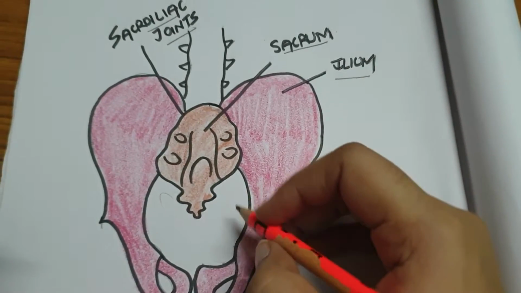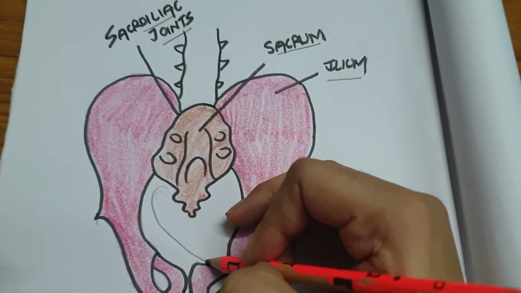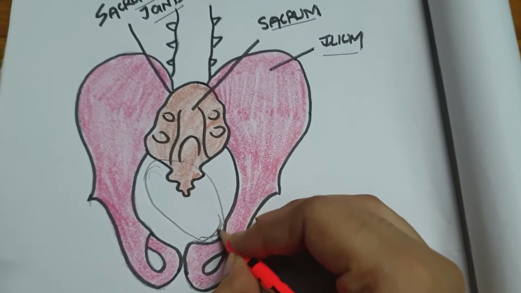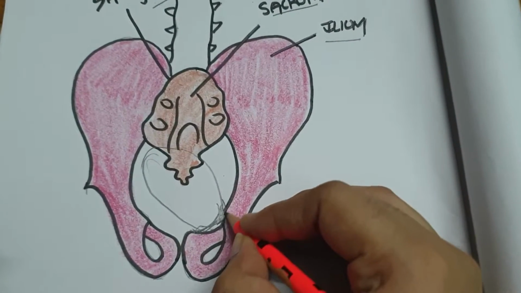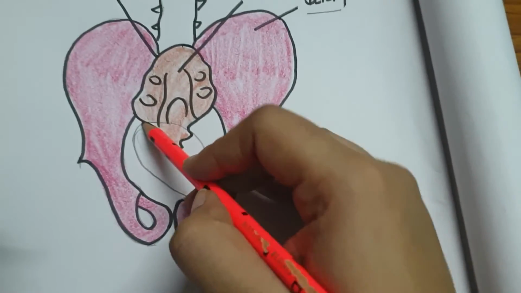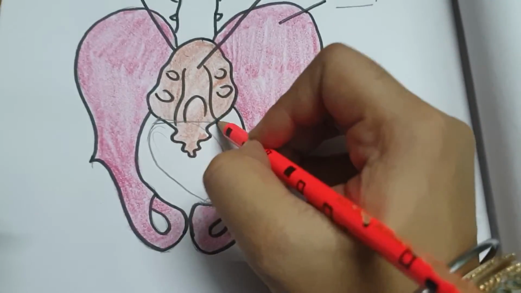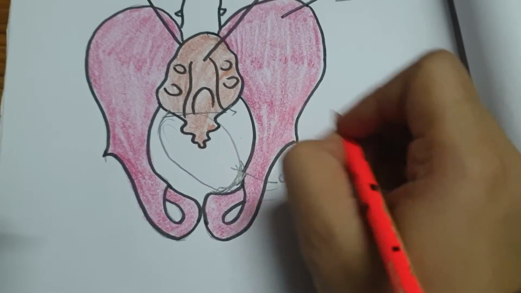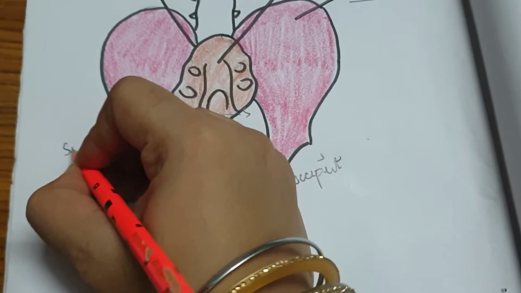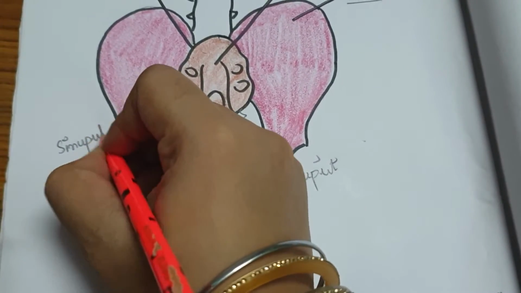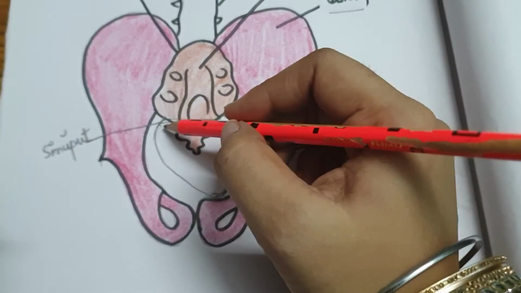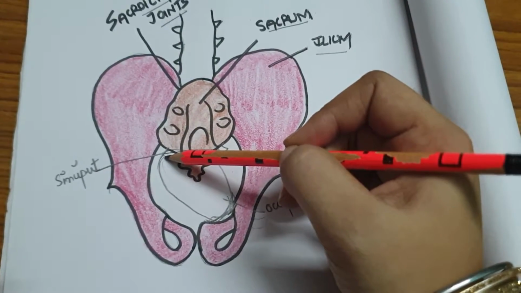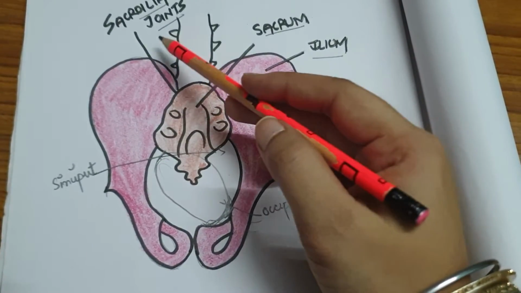Like in this diagram, for example, this is a head which lies in relation to the iliopubic eminence. This is the sinciput, this is the occiput. Sinciput means the forehead part. At the back portion, or posterior, it lies in relation to the sacroiliac joint.